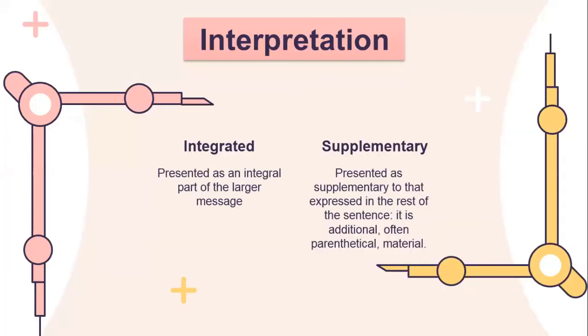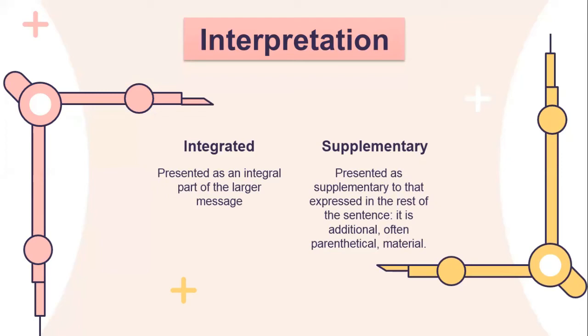And the second element to differentiate between integrated and supplementary relatives is interpretation. By using interpretation, we can know that the relative clause which is attached to the head noun has a different meaning from the supplementary.